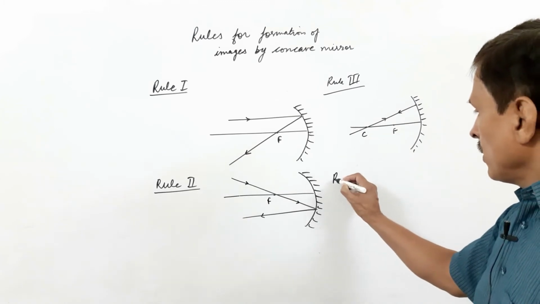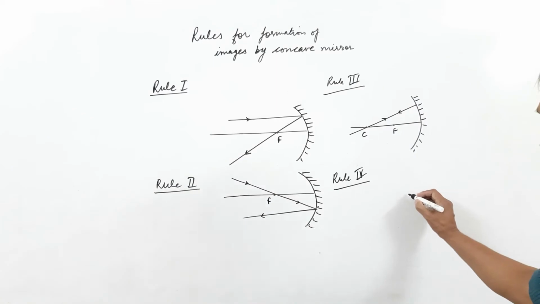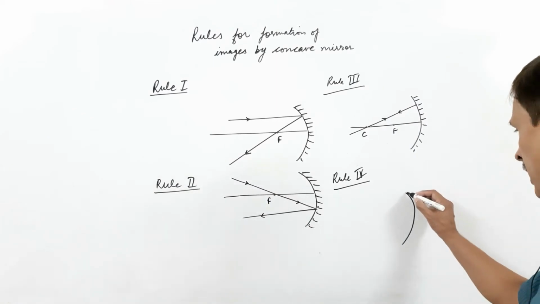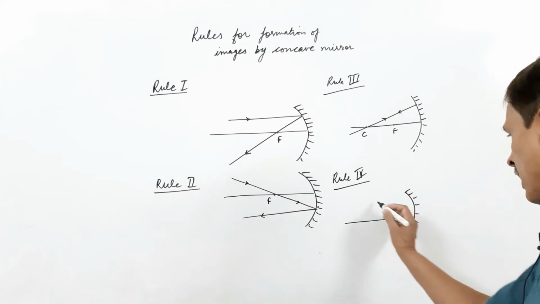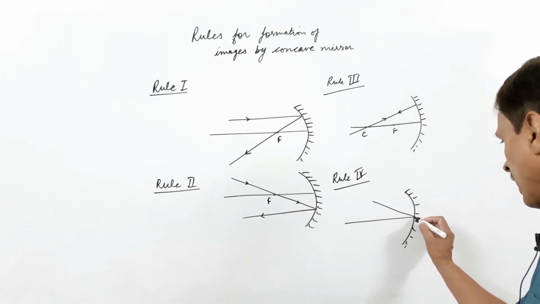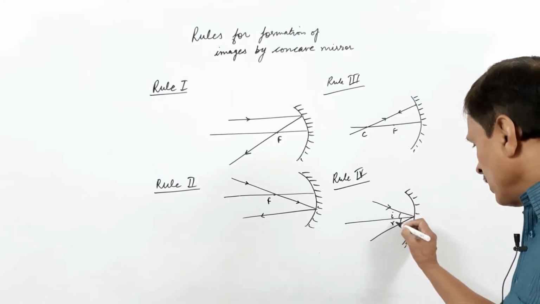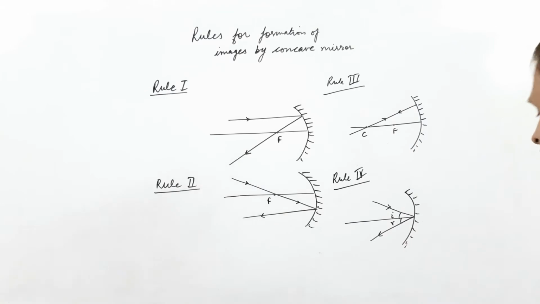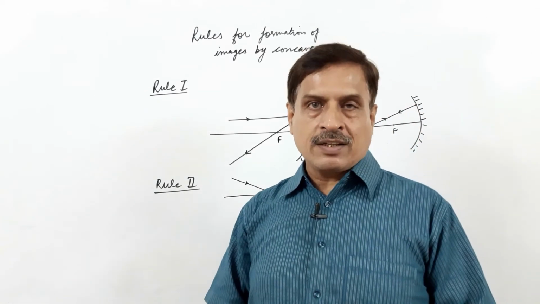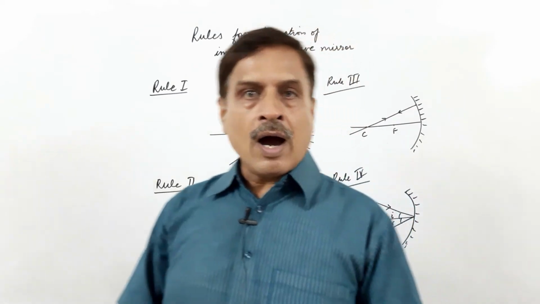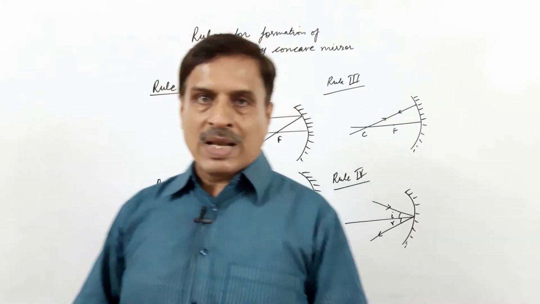Rule 4: angle of incidence is equal to angle of reflection, because the laws of reflection are applicable to spherical mirrors as well.